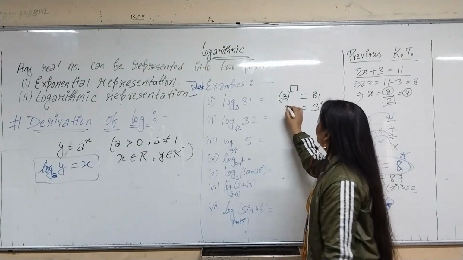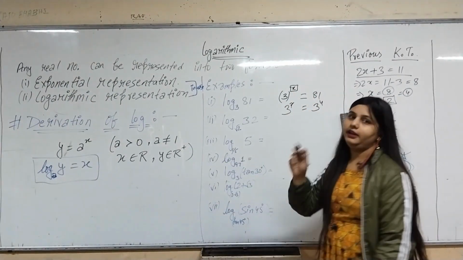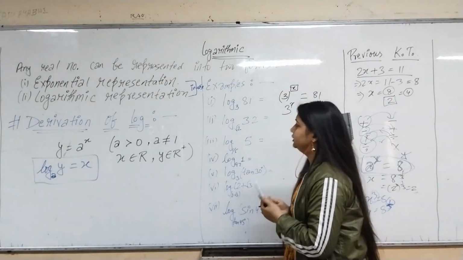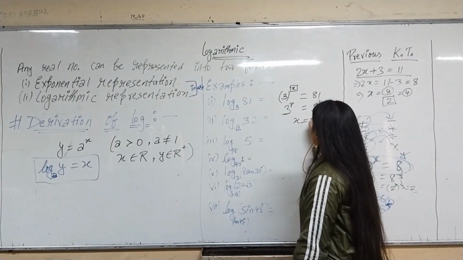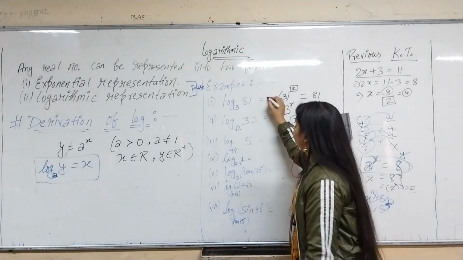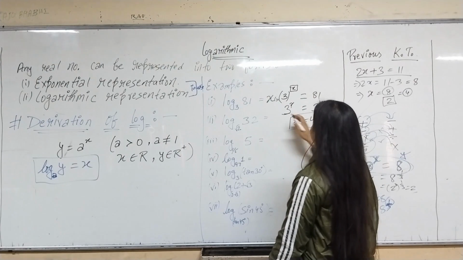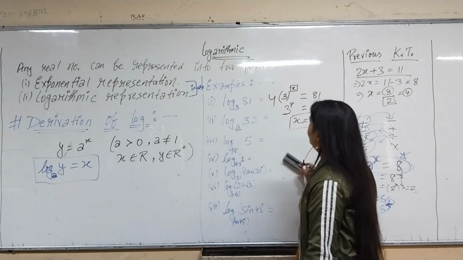If we let the power be x, then 3 to the power x equal to 3 to the power 4. We already know that if bases are equal, powers should be equal. So x equal to 4. So what is our answer? We get x equal to 4, so we can write our answer as 4.